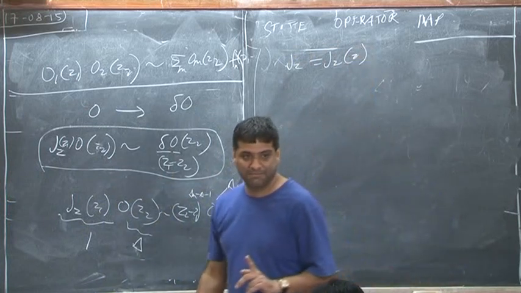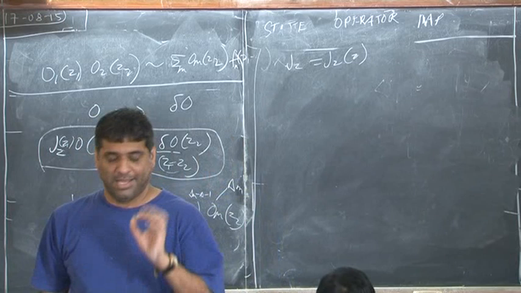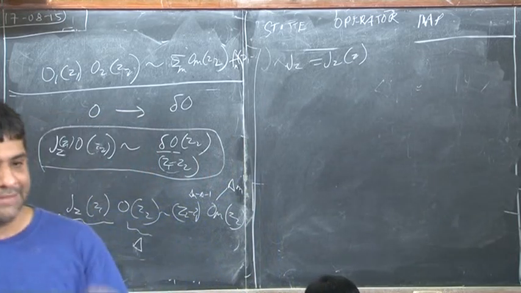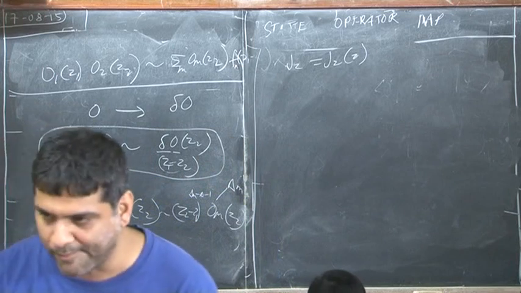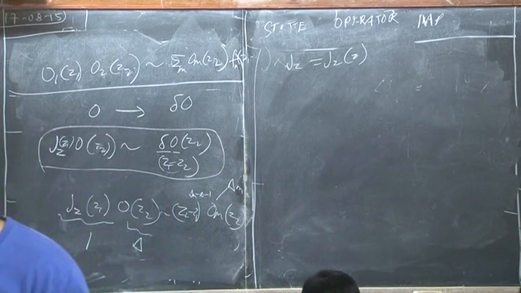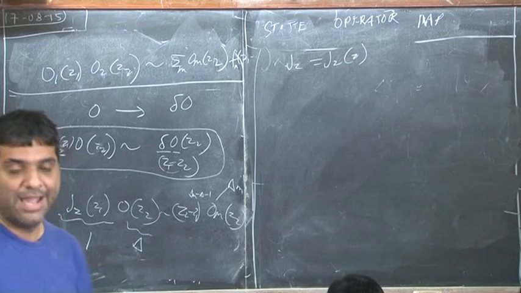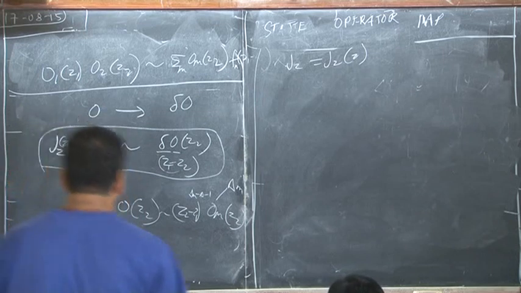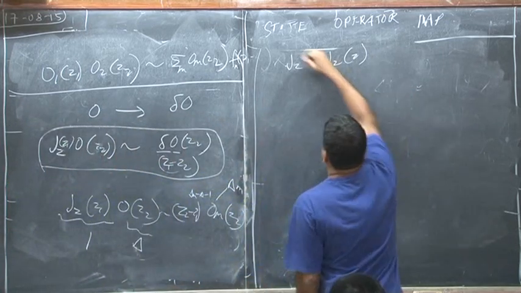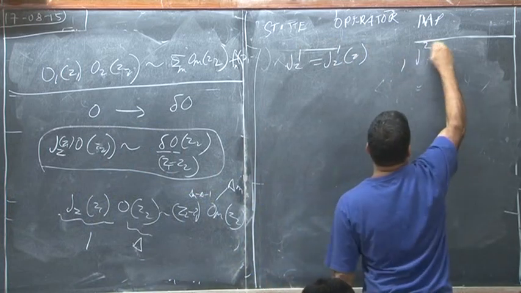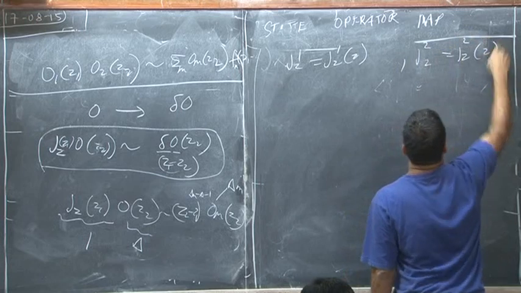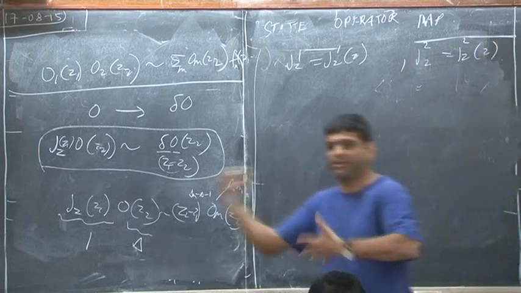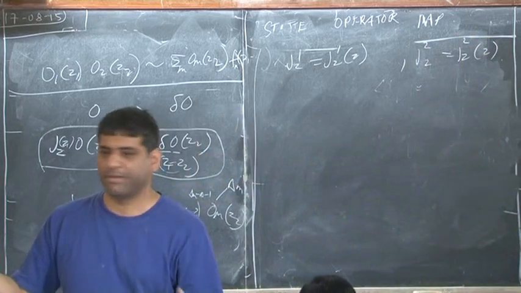What do I mean by that? I mean that insertions of J(z) have del_zbar J equals 0 except at possible locations of other operators. That's all I mean by that statement. I've got J1(z) and J2(z), two holomorphic currents, no anti-holomorphic parts.